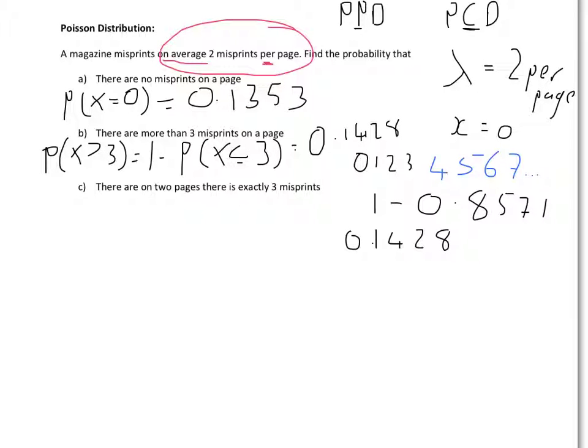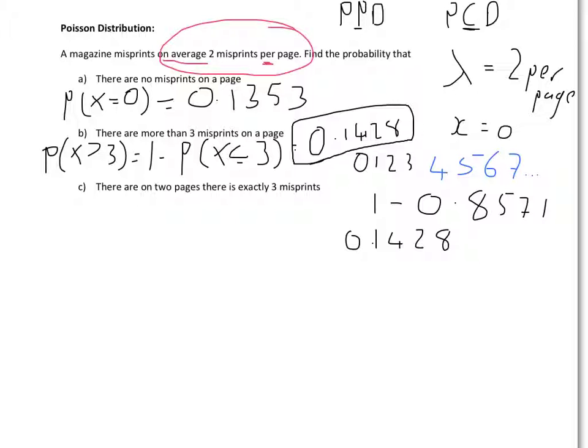Quite often they'll disguise that kind of question in another type of question, saying that the guy's going to get fired if there's more than 3 misprints on a page. What's the probability he gets fired? So you just need to interpret that question as summing it down to that. But that's the answer. We want to make sure that we all can actually get that in our calculator. So again, make sure you've stopped and gone through to make sure you've got that.